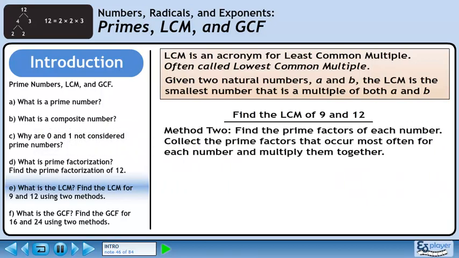In method 2, we'll find the prime factors of each number. Collect the prime factors that occur most often for each number and multiply them together. Let's find the prime factors of 9 using a factor tree. Three and 3 are the factors of 9.